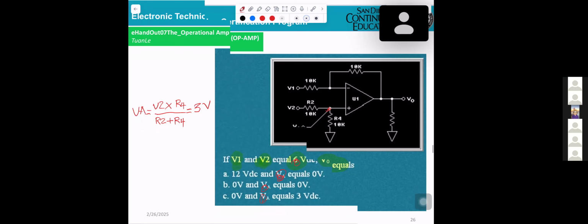However, in here they can ask you VA. VA cannot equal 0. We already calculated it has to be 3 volts. So the right answer will be C, 0 volt and VA 3 volts.